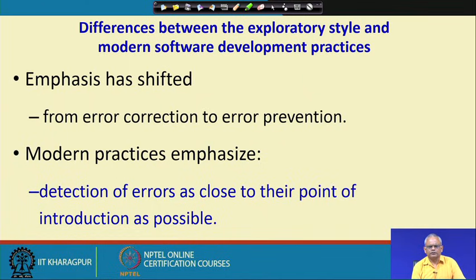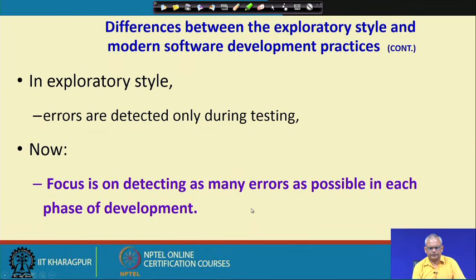Here, before testing, we just identify the place where the error is. We review the code, review the specification, review the design, identify the error, and correct it right there, and do not wait for the error to be detected during the testing phase.